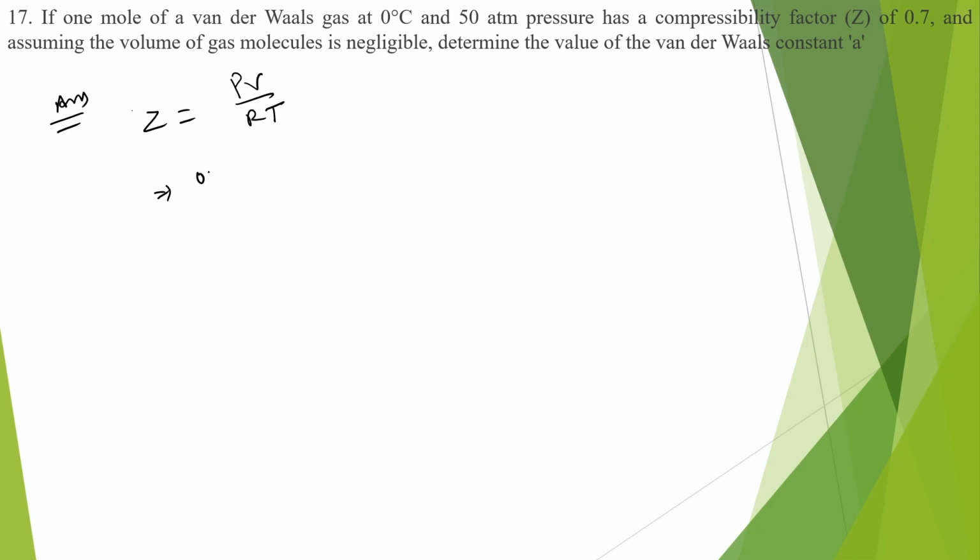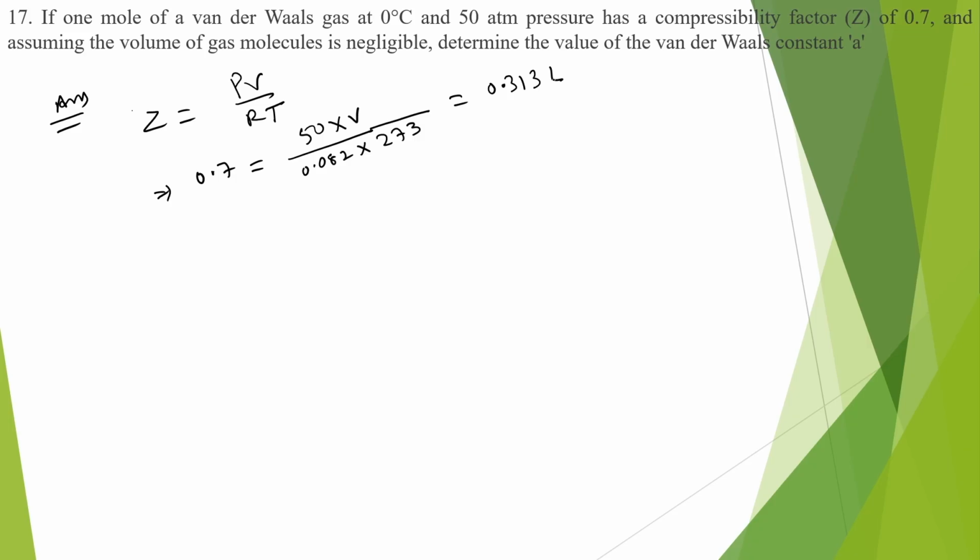So, value of Z is given 0.7. Okay, and then pressure is given 50, volume V, and then R is 0.082, and temperature is 0 degree Celsius, means 273.